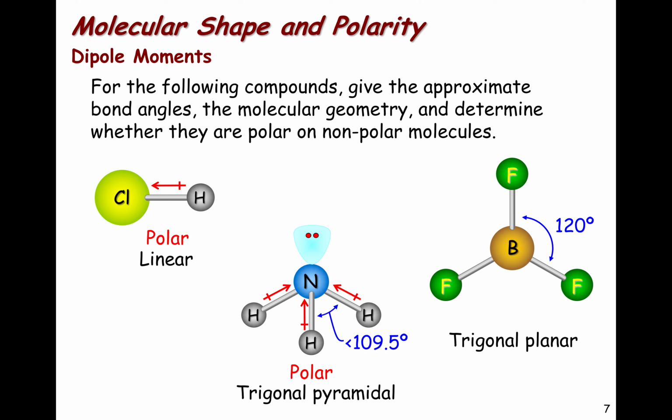We do have polar covalent bonds, the fluorine being much more electronegative than the boron, so we have vectors for each of these BF bonds. But in this case, it's a very symmetric structure, and there are no lone pairs on that boron. So this ends up having no net dipole moment, and therefore it is nonpolar.